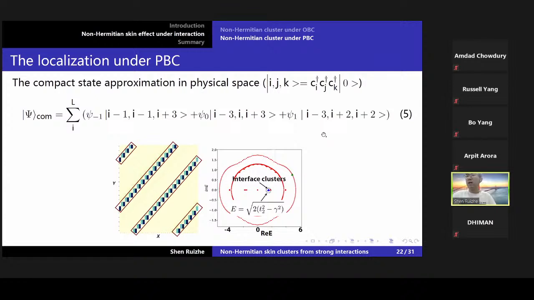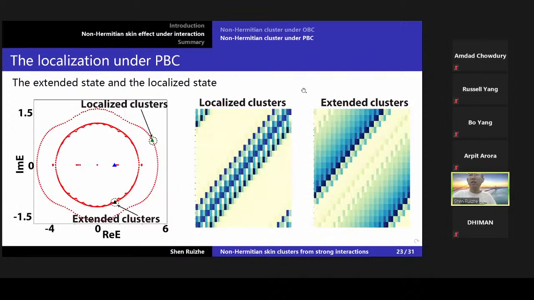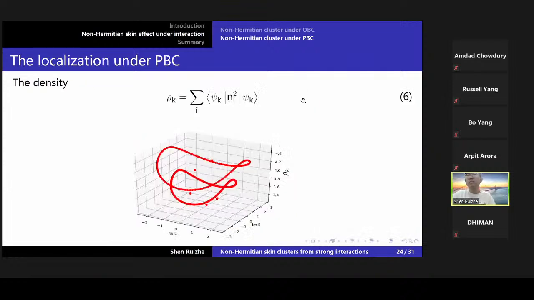Of course, we can see other localization like this localized cluster and extended cluster. We found that there are two bands of states in the complex spectrum. For the outer band states, those states are localized in this area, so we name it the localized cluster, and for the inner band, we name it the extended cluster.